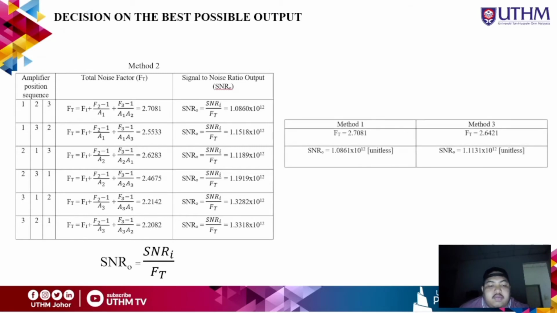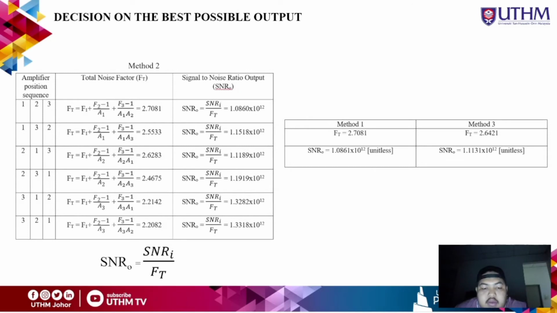Okay, next, to further strengthen the theory, we compare the SNR output for method 1 and method 3. The SNR output for method 1, which is 1.0861 multiplied by 10 to the power of 12, is lower than the SNR output for method 3, which is 1.1131 multiplied by 10 to the power of 12.